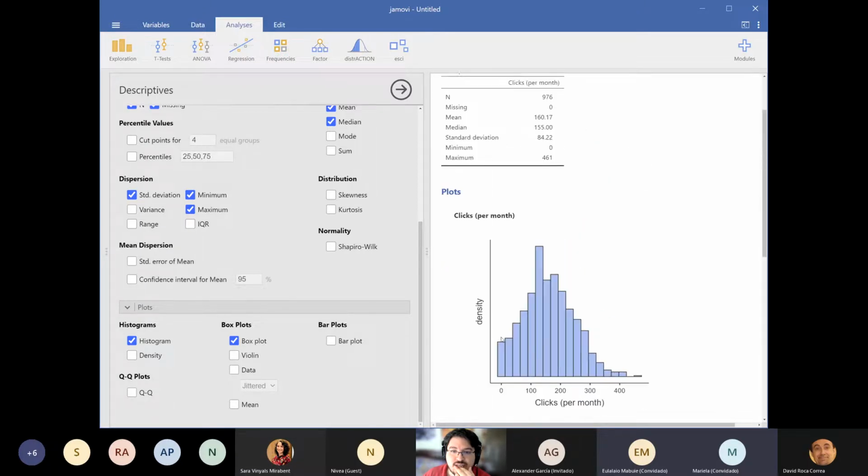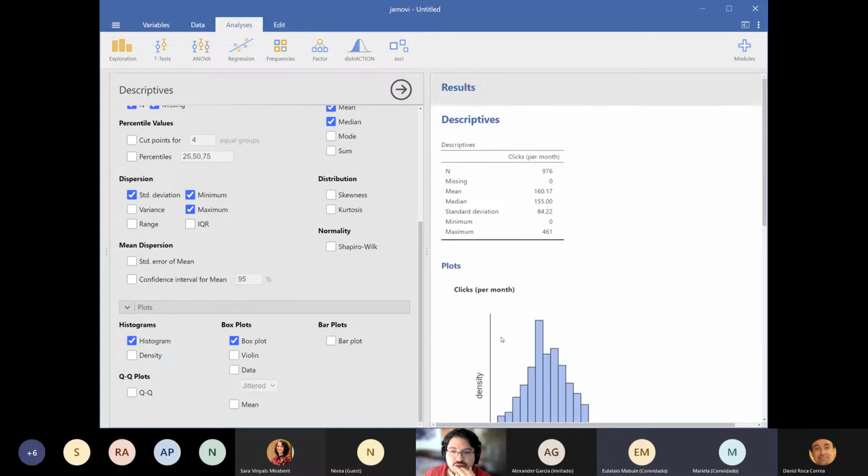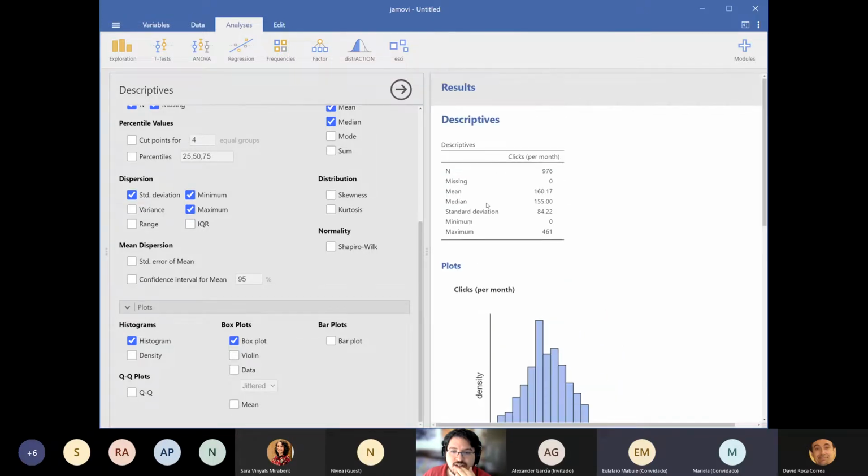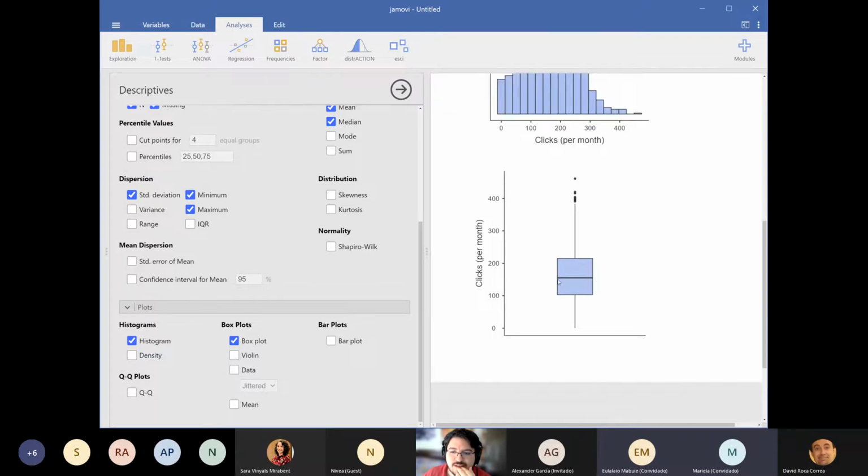If we see the descriptive statistics of clicks per month, we see that the median is 155. So we should expect this line to be around 155, which it is. As I mentioned, the median divides the amount of observations, so 50% should be above the median and 50% should be below the median.